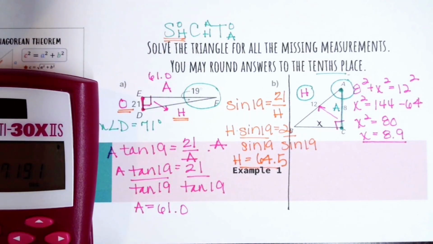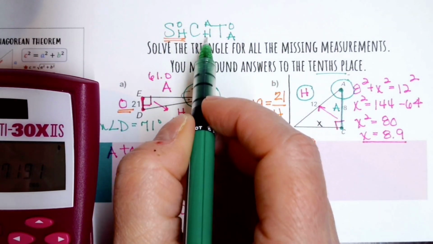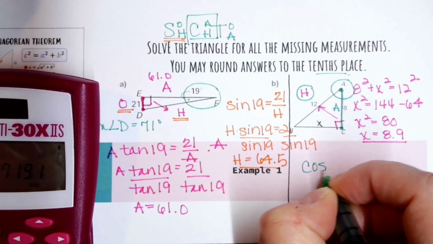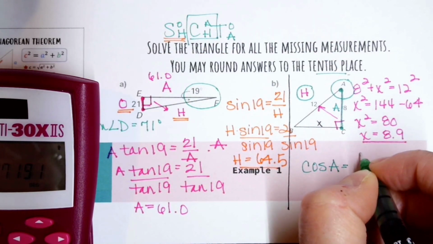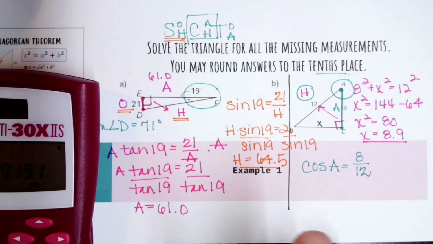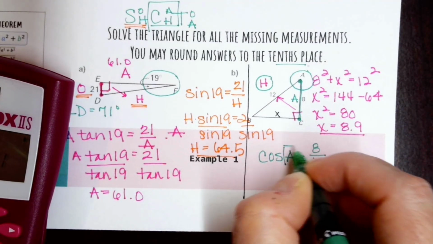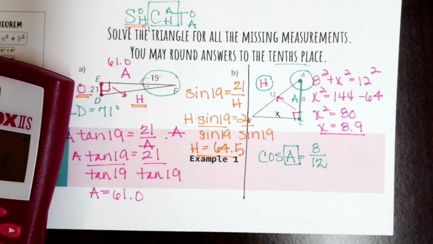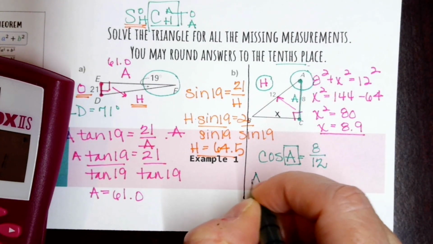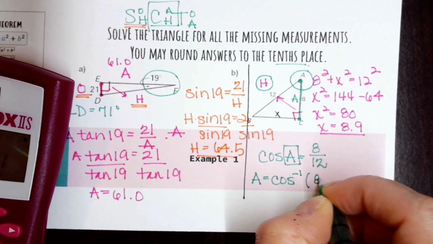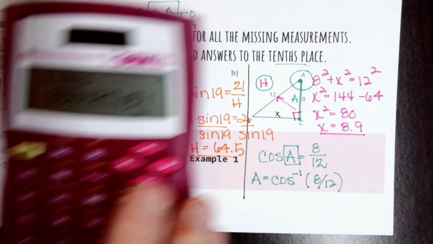So my trig function that involves adjacent and hypotenuse is going to be a cosine. Right, so cosine of my angle is equal to adjacent over hypotenuse. This is what you practiced yesterday. I want to get the angle by itself, so I need to undo cosine. That's what we had that little -1 for. So on your calculator, angle A is going to be equal to the cosine inverse, and then we type the fraction just like we see it.